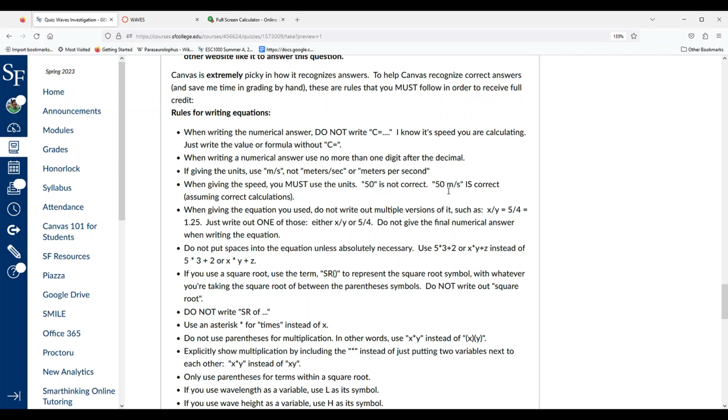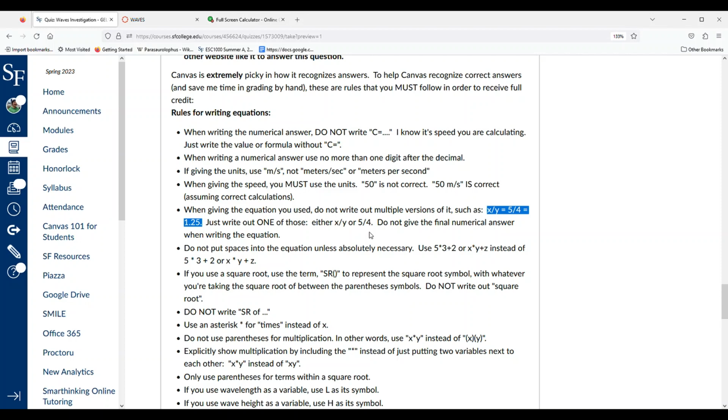And the one place where there is an option, you can put the space there or not. I've got both of those in the key. When you're writing out meters per second, use m/s, not these. Don't write out a long string of equations like this.